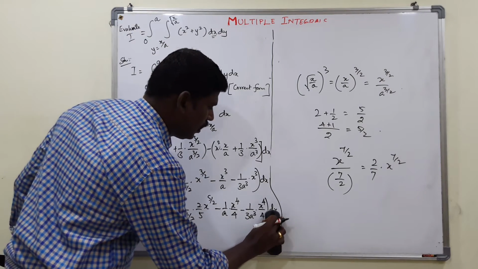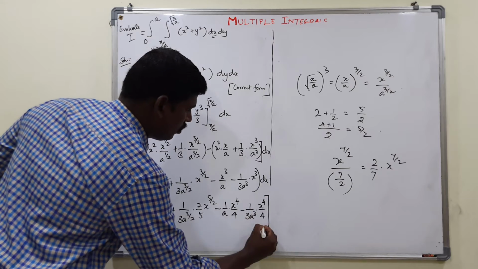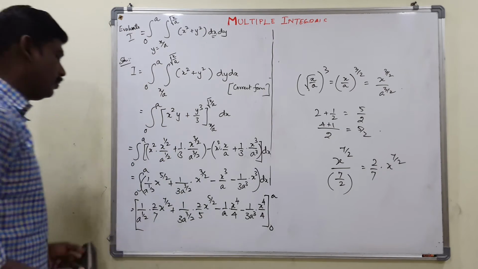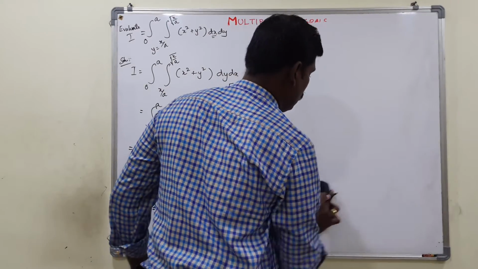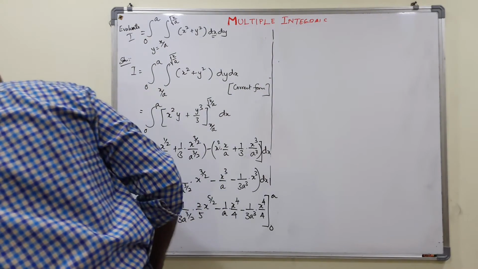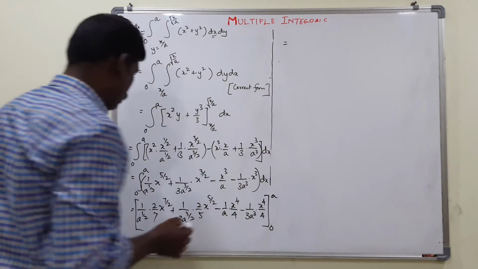Sorry, already we integrated, isn't it? So the limit is from 0 to a. Simplified, we can get the answer after substituting the limit for x. So that is equal to what?